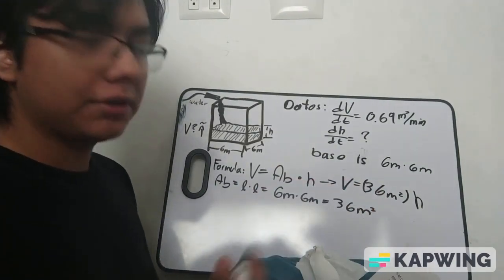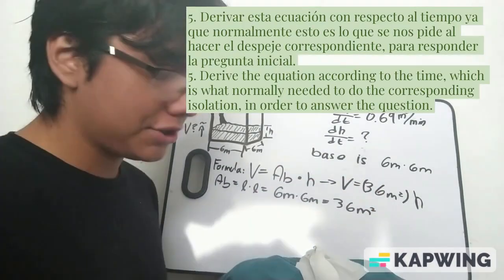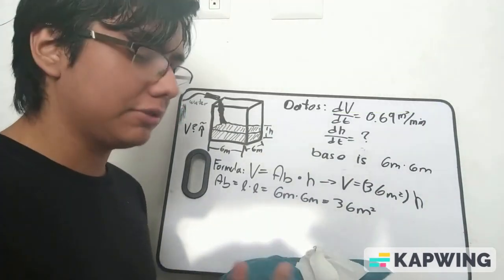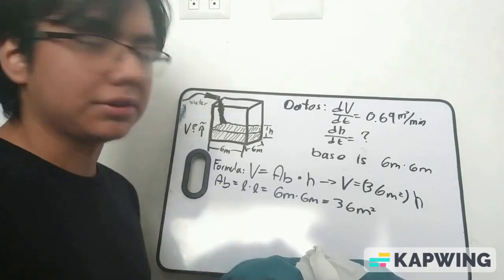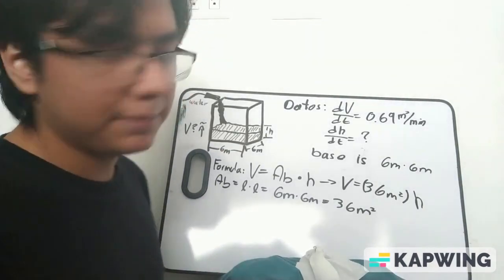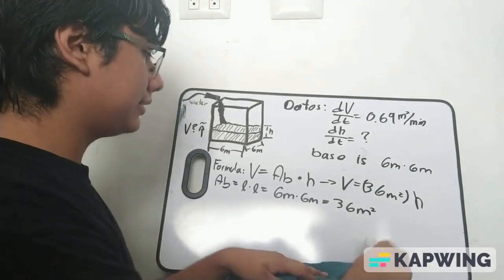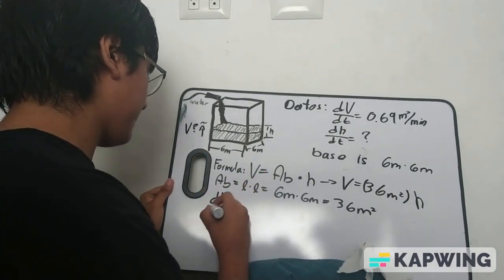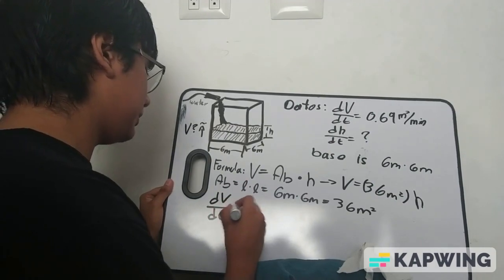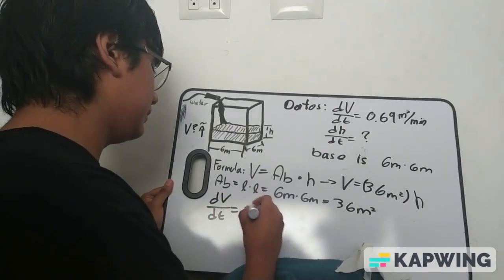Lastly, we have to find the derivative of the equation according to the time, which is normally needed to do this isolation in order to answer the question. And this is our final step. So I will be doing that next. We have to find the derivative according to the time on both sides.